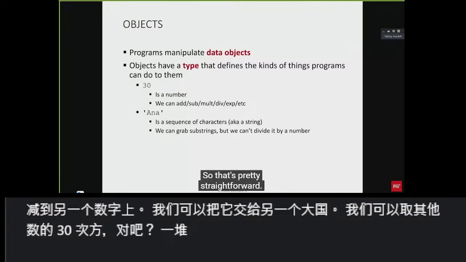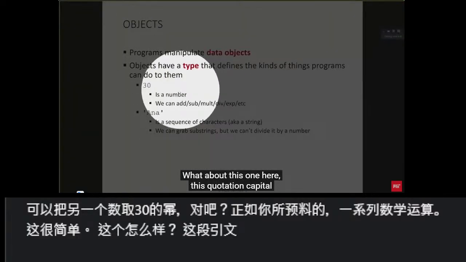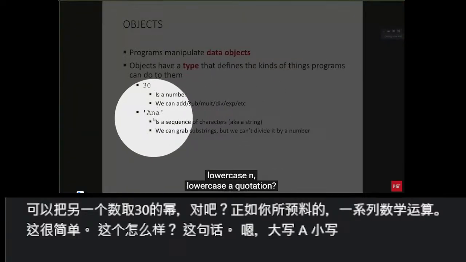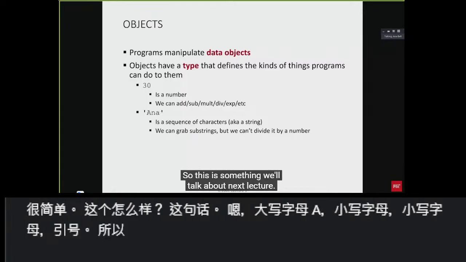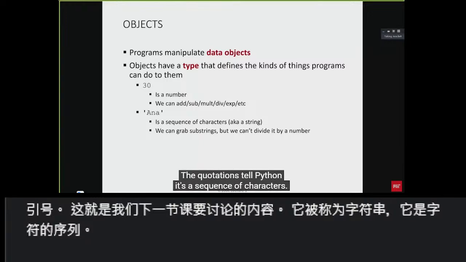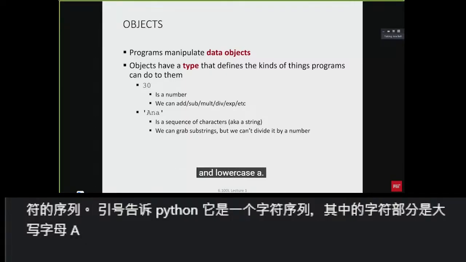That's pretty straightforward. What about this one here? This quotation, capital A, lowercase n, lowercase a, quotation. This is something we'll talk about next lecture. It's called a string, and it's a sequence of characters. The quotations tell Python it's a sequence of characters, and the characters are capital A, lowercase n, lowercase a.